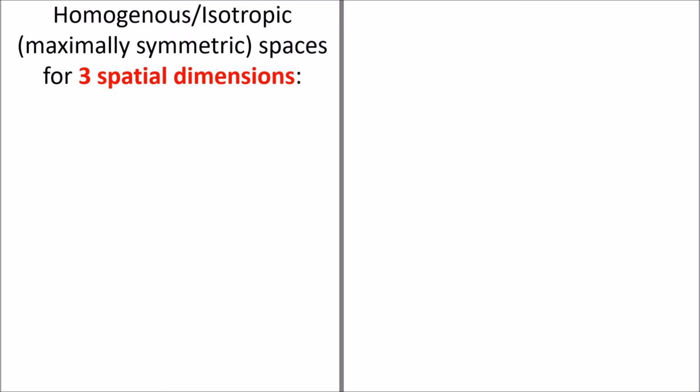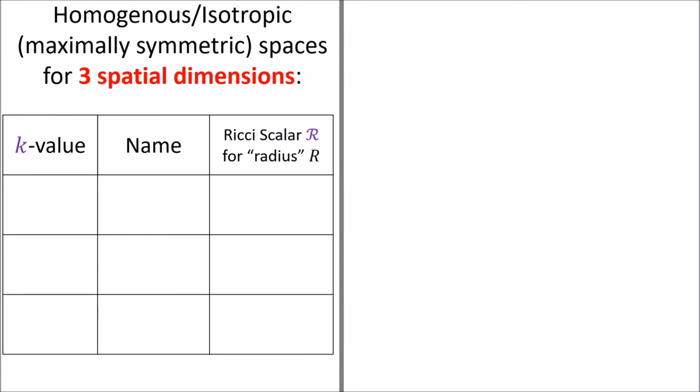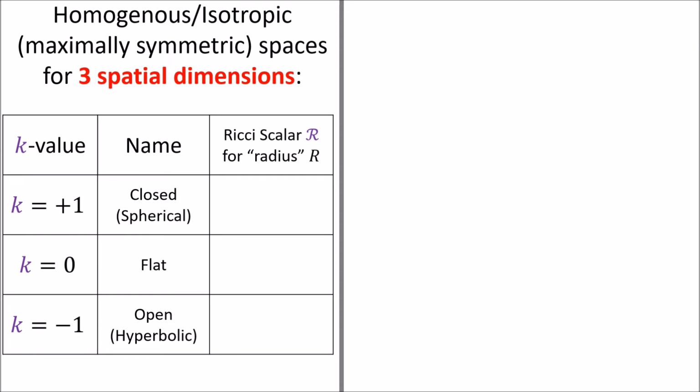In the Relativity 110b video, we talked about homogeneous and isotropic spaces for 3 spatial dimensions, determined by k equals +1, 0, or -1. And these were the spherical, flat, and hyperbolic spaces, and they each had a constant Ricci scalar everywhere.